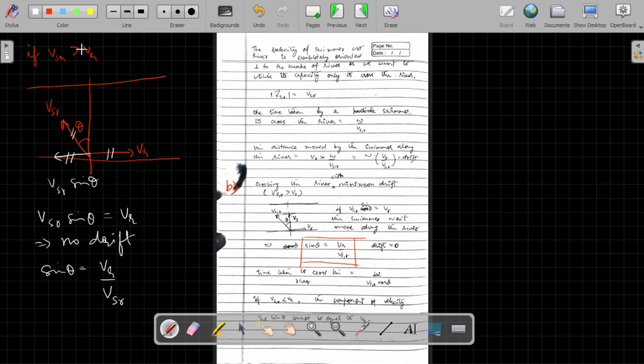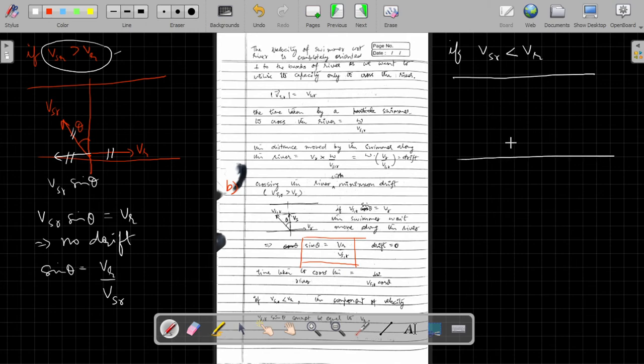But what if this condition is not there? If the opposite happens, if velocity of swimmer with respect to river is less than velocity of river, again we'll be drawing the same figure. Let us take velocity of swimmer with respect to river at some theta angle, and the velocity of river is going to remain horizontal.